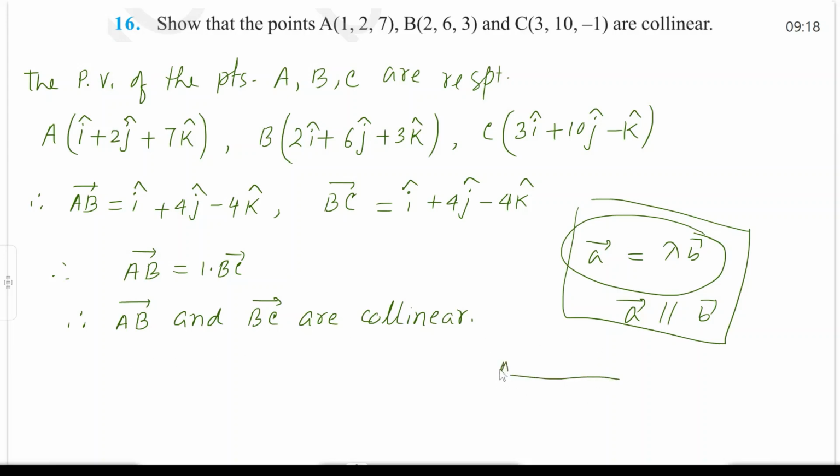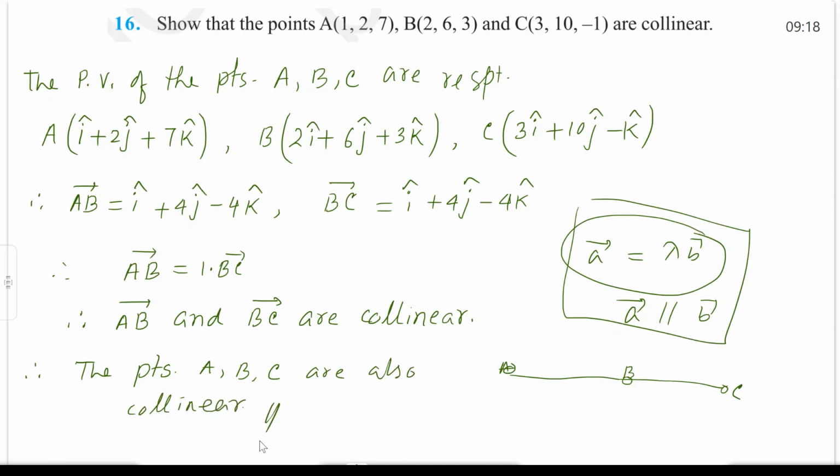This is say AB and this is say BC. They are collinear, meaning the points A, B and C are also collinear. So you can write in this way, therefore the points A, B, C are also collinear. So that is the solution of the question.